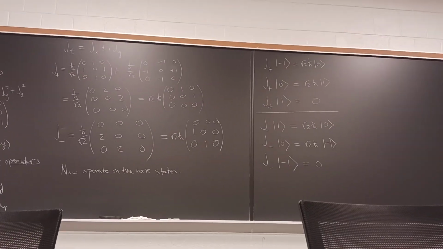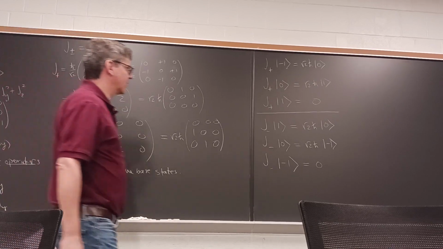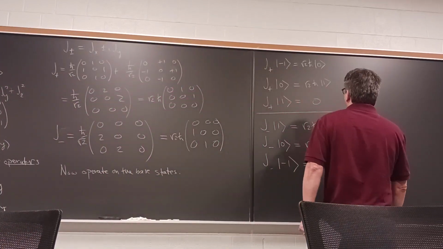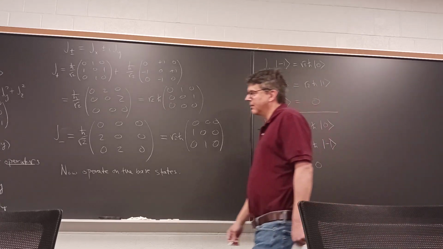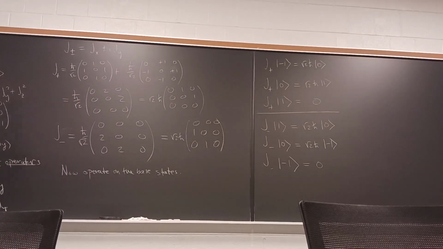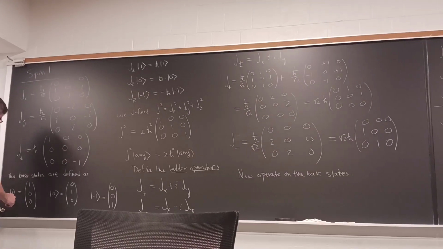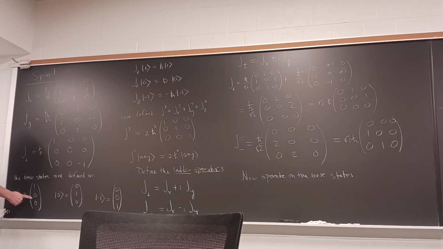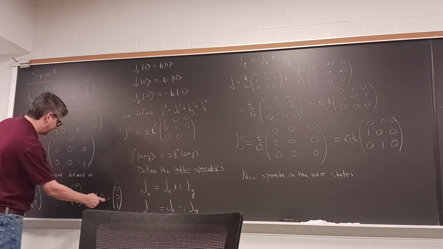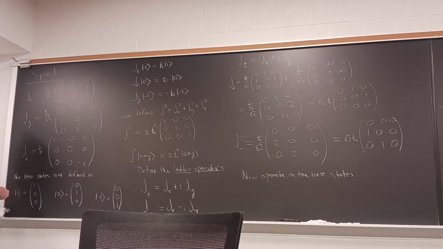Okay, and so those are the ladder operators. And these are important for dealing with angular momentum, because remember, these 3 states are angular momentum states. Jz has the highest value here and the lowest value here. Jz is the projection of the angular momentum on the z-axis.